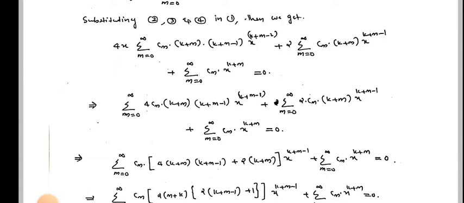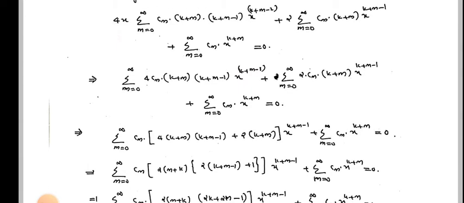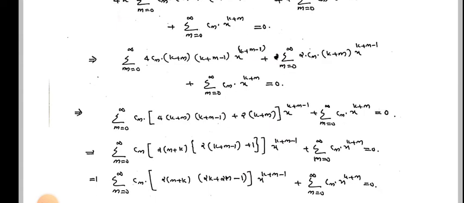Then 4x gives the sum from 0 to infinity of 4 c_m (k+m)(k+m-1) x^(k+m-1), plus the sum of 2 c_m (k+m) x^(k+m-1), plus the sum of c_m x^(k+m), equal to 0.